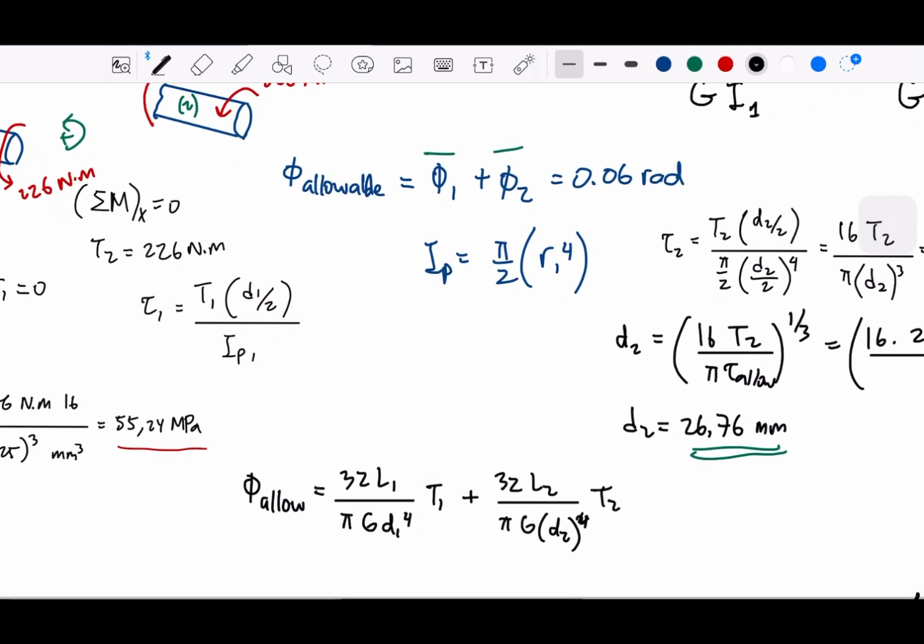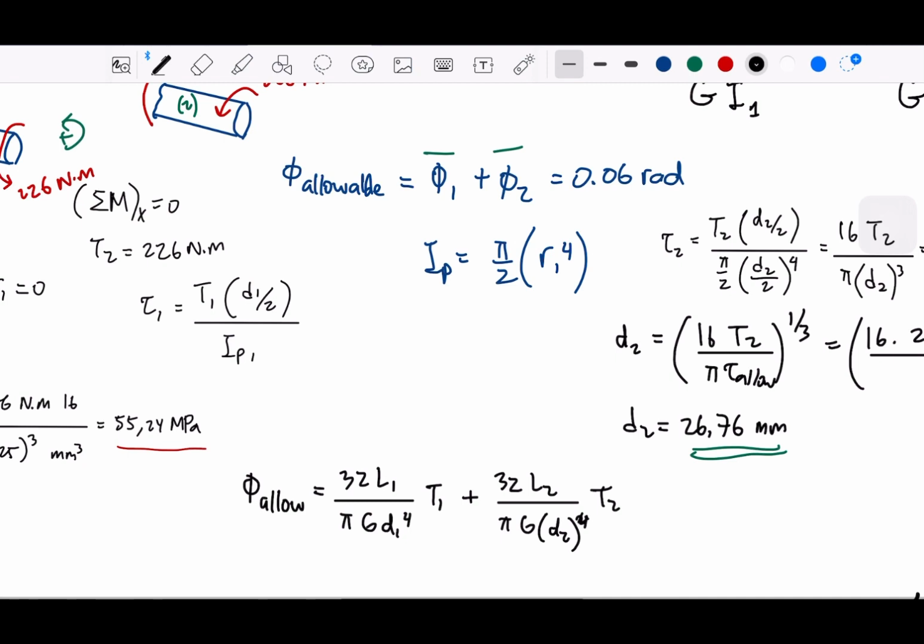So we could have two answers, depends on what the question needs. Okay? The first answer is using the maximum stress. So we take the maximum stress and we get the diameter, we get this number. We can also get the diameter through the angle. So using the same formula, we put in L1, D1, we put here, and we can get D2, right?